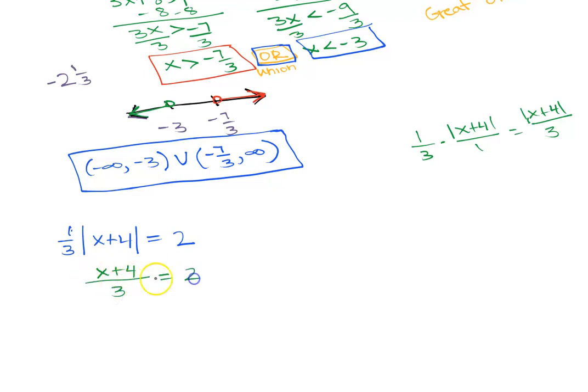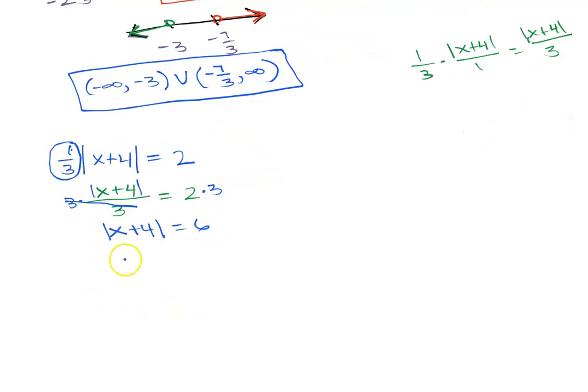And so that means I need to multiply by 3 in order to get rid of that. So sometimes it's just the way it's written, this 1/3 tends to be a little bit tricky, but what you need to do is multiply by 3. And so that would leave us with the absolute value of x plus 4 equals 6, and then I can write my 2 statements from there.